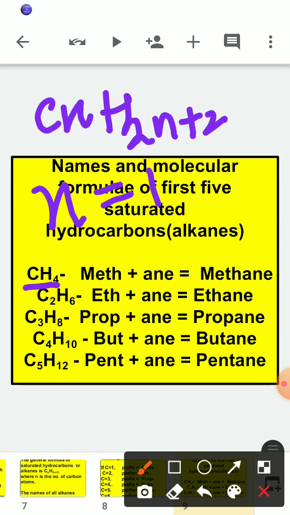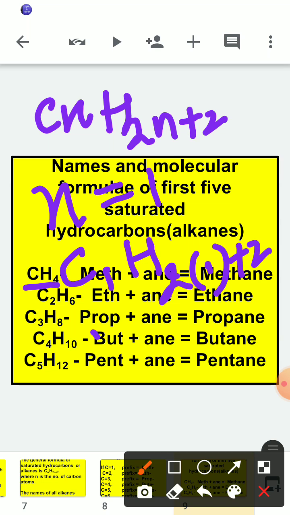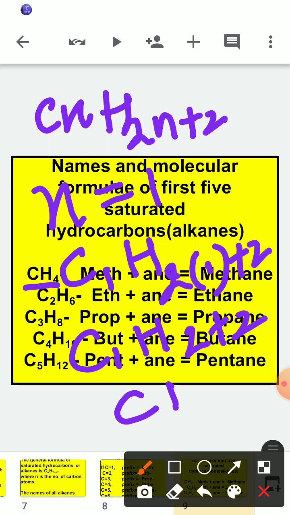When you put n equals 1, you get C1H2×1+2, which is CH2×1+2. 1 is not written as a value, so we just write C only, and 2+2 is 4. So this will be the first member, that is CH4.